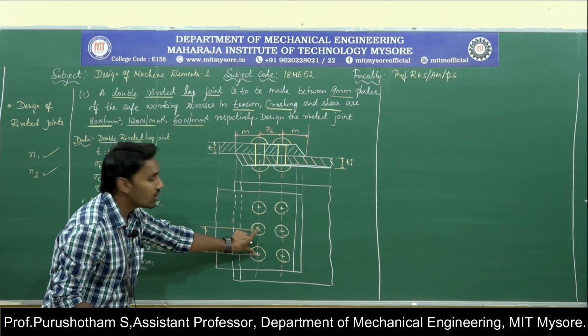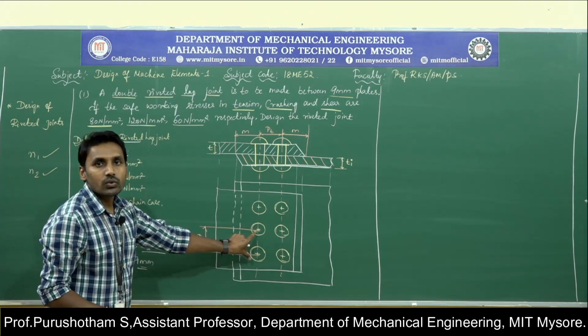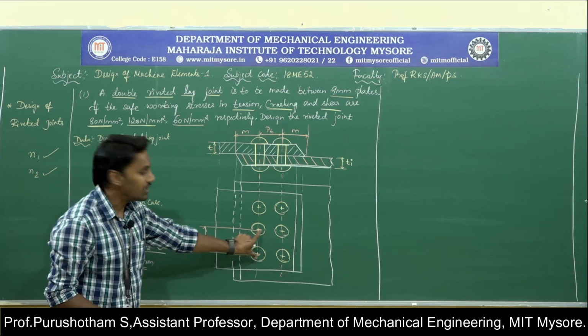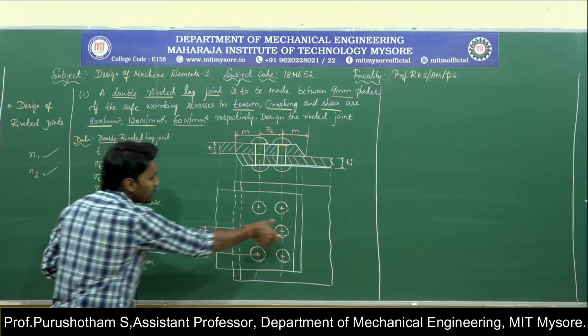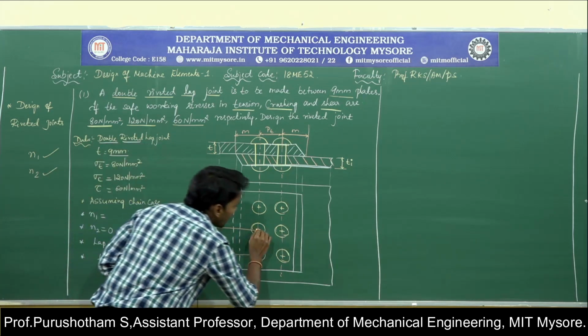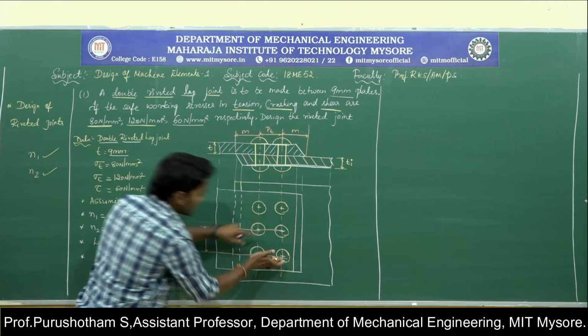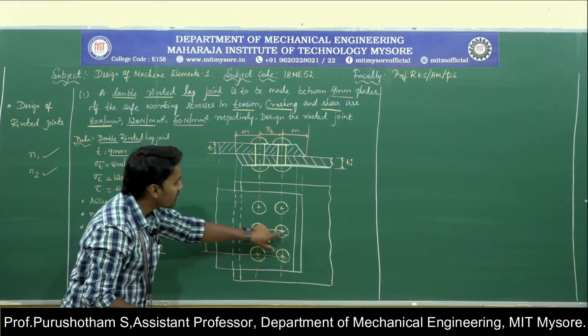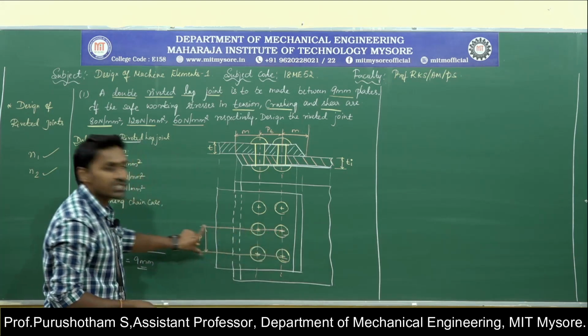This distance is called pitch. N1 is the number of rivets subjected to single shear per pitch length. So this will be the pitch length, and now I am going to calculate how many rivets are present within this pitch length.